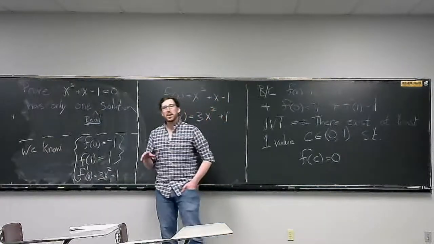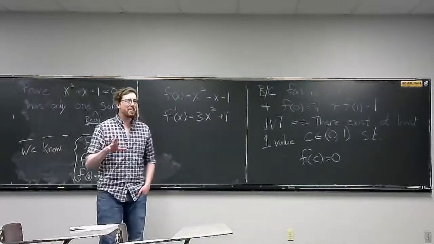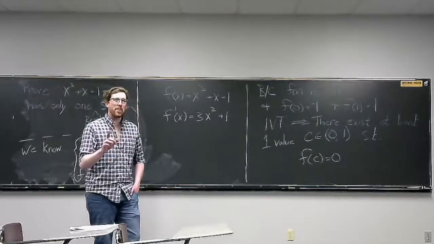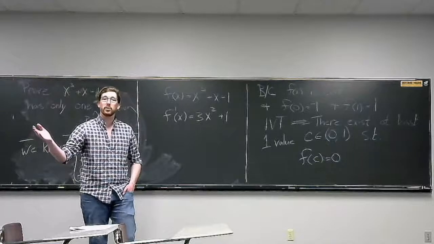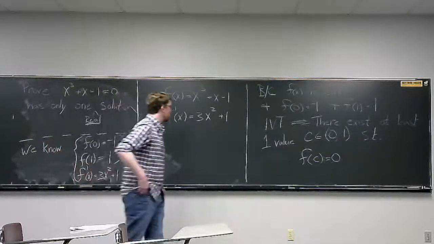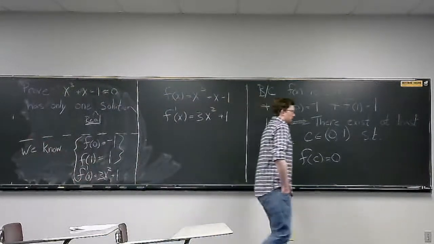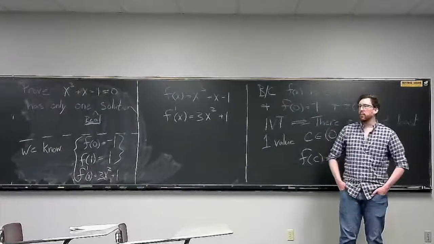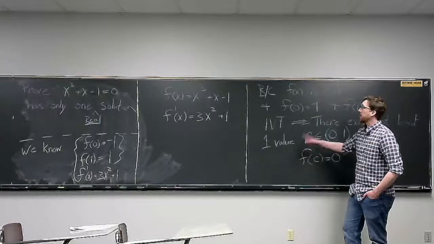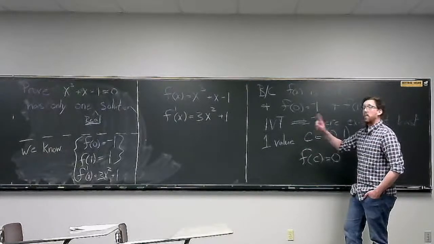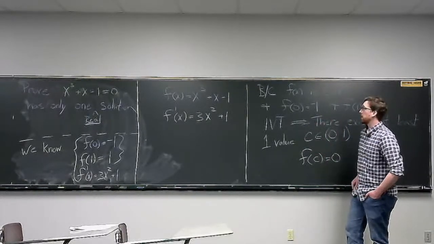So by the intermediate value theorem, there's at least one value between 0 and 1 at which our function passes through 0. Okay? So what now? How are we going to prove the other part? Now we need to prove there's only one value.